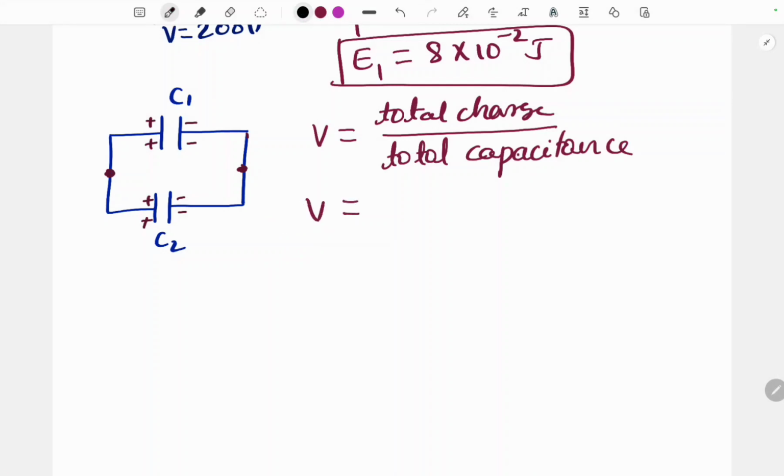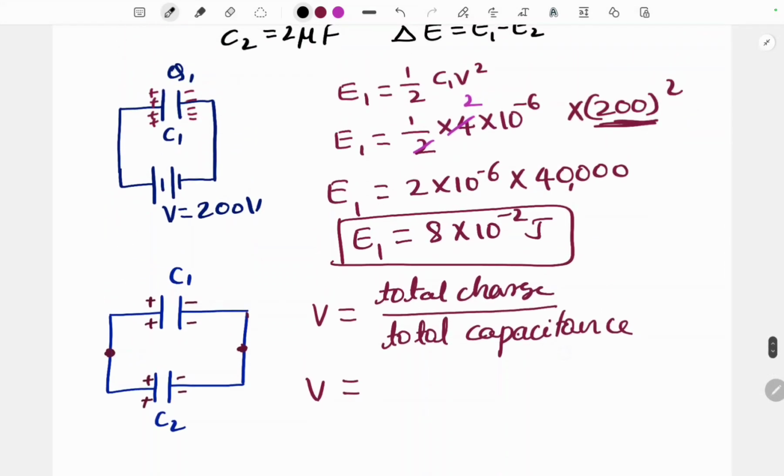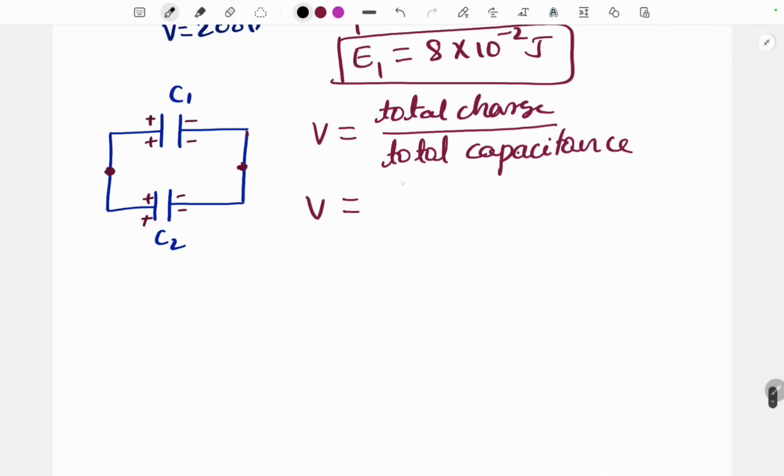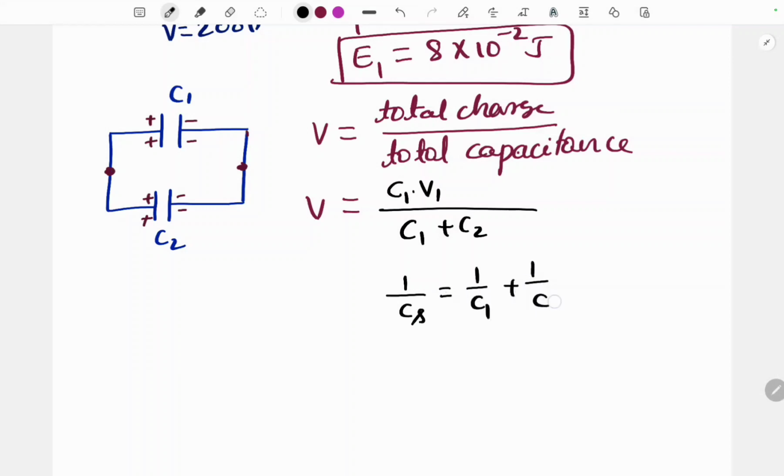Okay, now here the total charge that we have used is Q1, and that is given by C1 into V1, divided by total capacitance of this combination. Since they are in parallel, you will get C1 plus C2. If it is series, you will get 1 by Cs is equal to 1 by C1 plus 1 by C2 plus 1 by C3, and so on up to 1 by Cn. How many capacitors you consider in the series case, it depends.